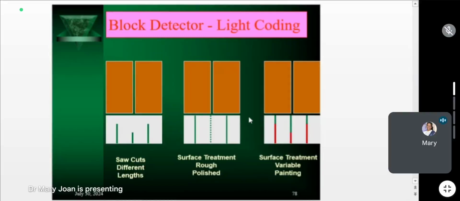So there are different light codings for the block detectors. So cuts where different lengths are utilized, and surface treatment where rough surfaces are polished, and surface treatment with variable painting. So you can see the different paintings are done for getting it equal.